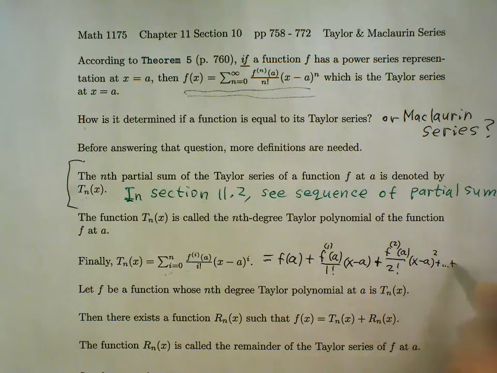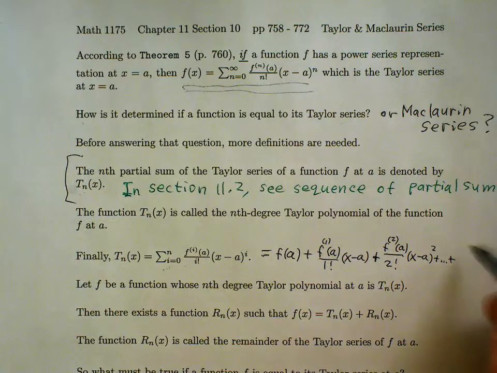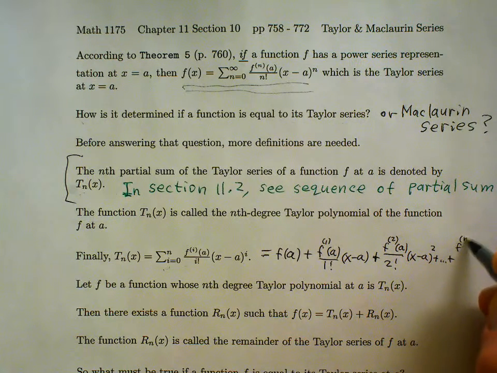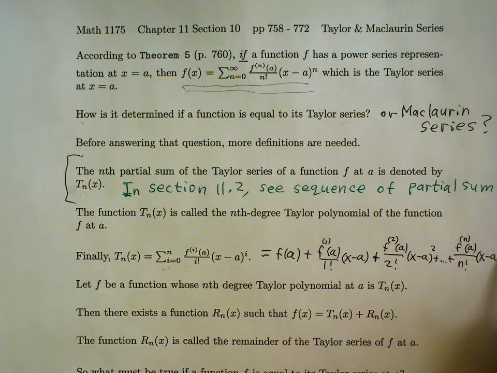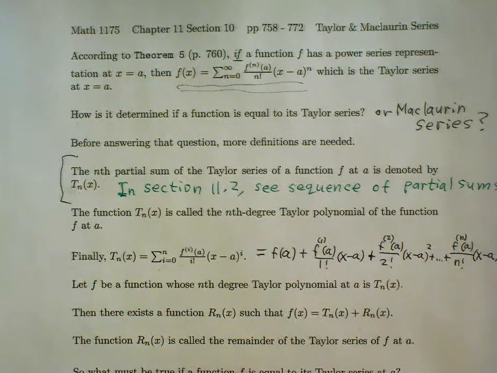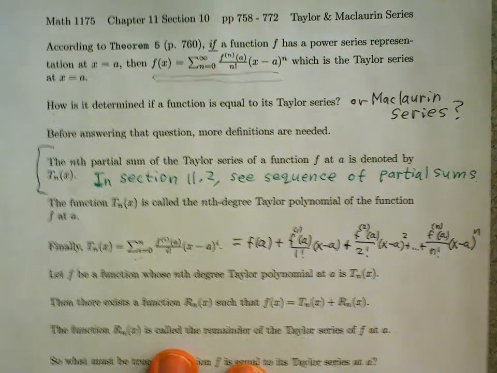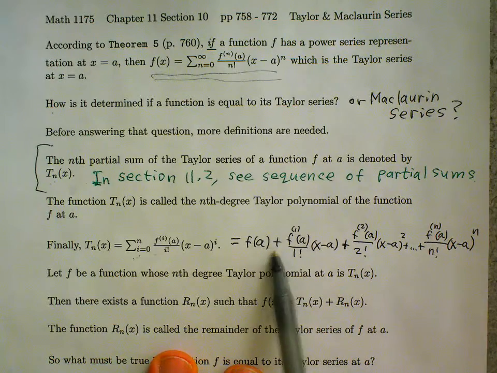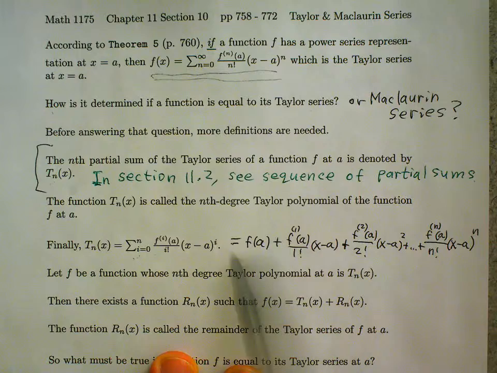The last term for the nth degree Taylor polynomial is the nth derivative of f evaluated at a divided by n factorial times x minus a to the n. Okay. So it's a polynomial of degree n.